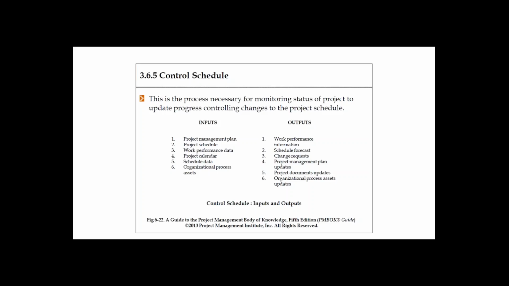Inputs: project management plan, project schedule, work performance data, project calendar, schedule data, organization process assets. Output: work performance information, schedule forecast, change requests, project management plan updates, project document updates, and organization process asset updates.